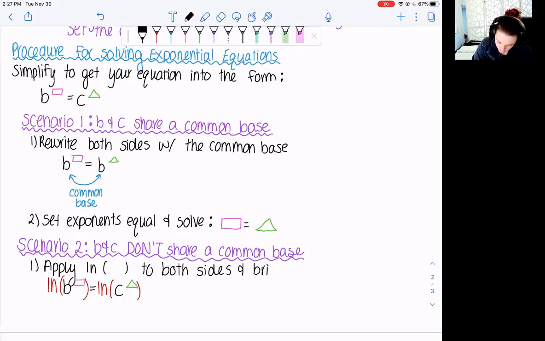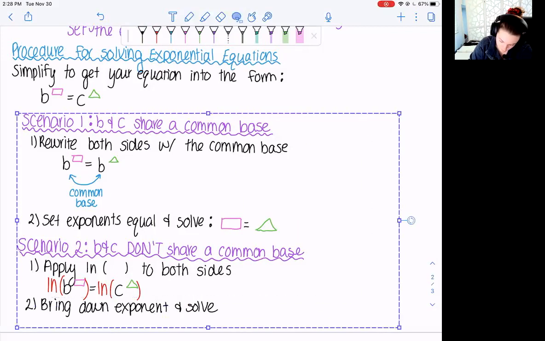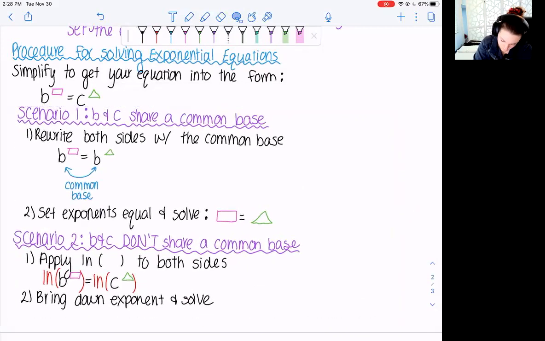Bring down the exponent and solve. So bringing down that exponent out front, you end up with something like this times ln b is equal to whatever the exponent was for the other side times ln c.